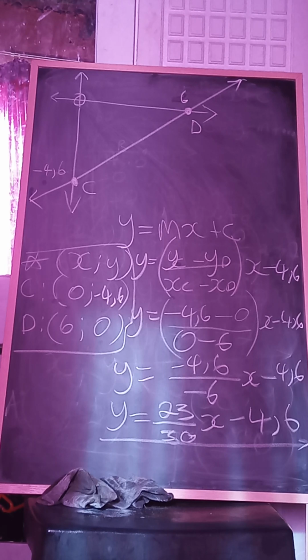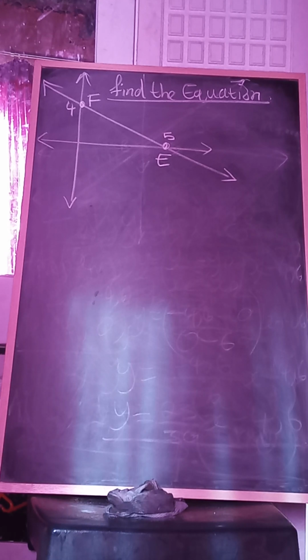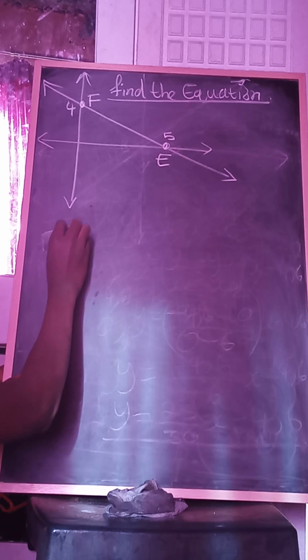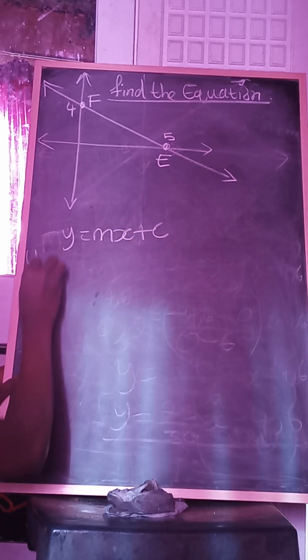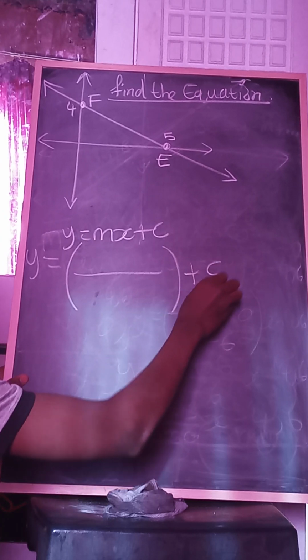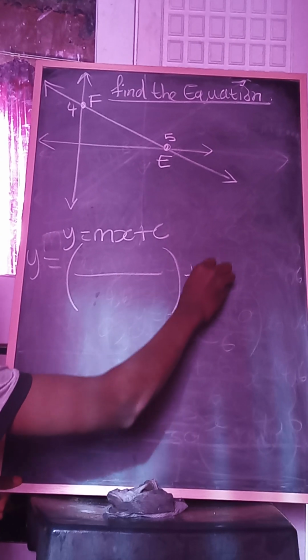So now let's carry on. They say find the equation of line FE. You do it this way, using the gradient slope-intercept form. What is our y-intercept? Our y-intercept is positive 4.